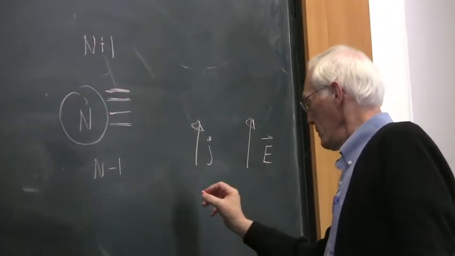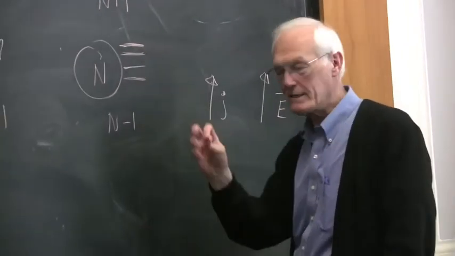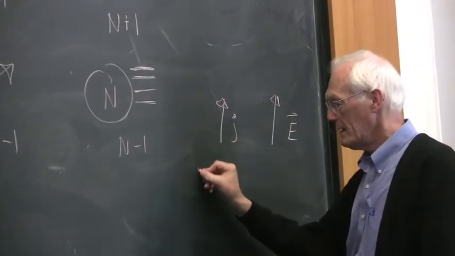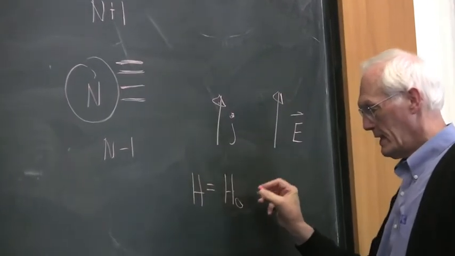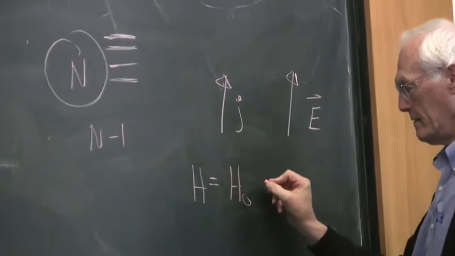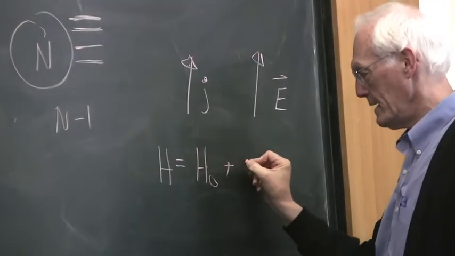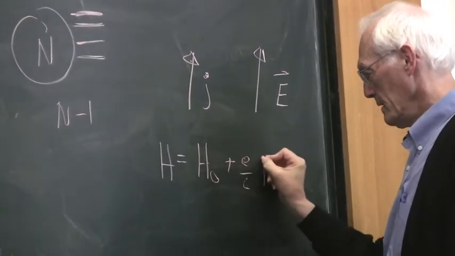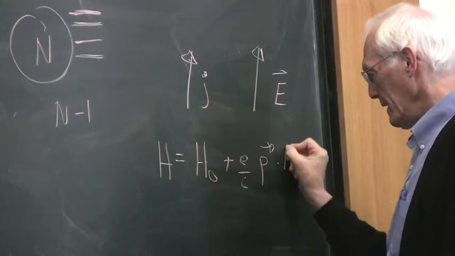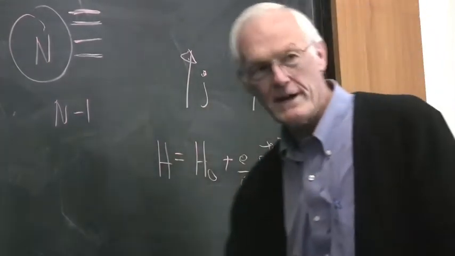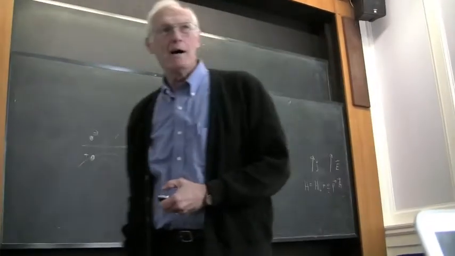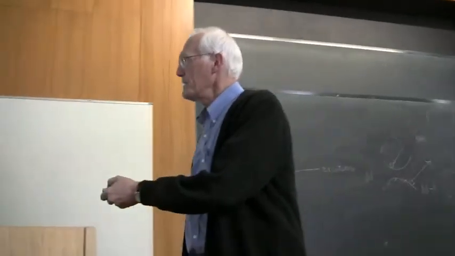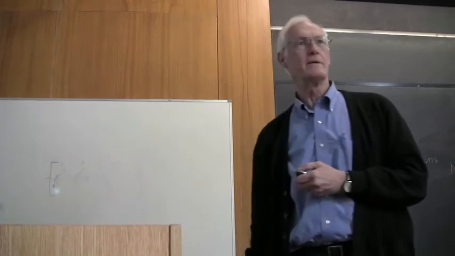And the way you would do that, going back to basic quantum mechanics, would be to take the static Hamiltonian, and then you add e over c p dot A, so a vector potential, and do your perturbation theory in the vector potential. And that would be the relation of a current to an electric field.